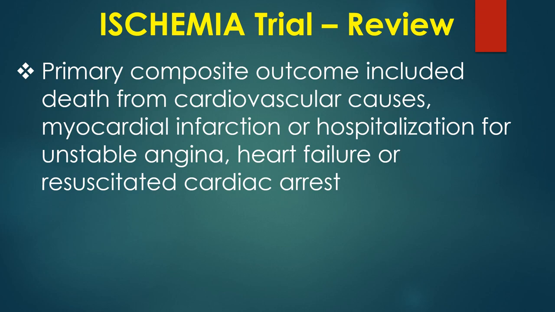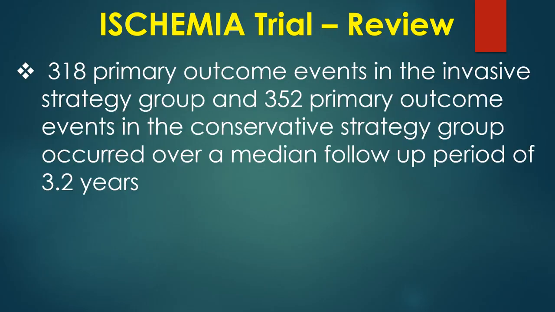Primary composite outcome included death from cardiovascular causes, myocardial infarction, or hospitalization for unstable angina, heart failure, or resuscitated cardiac arrest. There were 318 primary outcome events in the invasive strategy group and 352 primary outcome events in the conservative strategy group over a median follow-up period of 3.2 years.